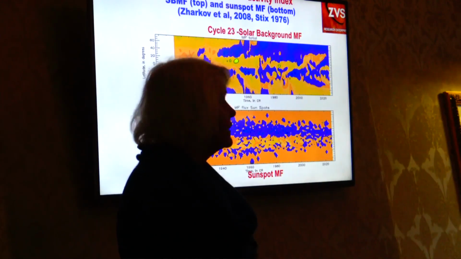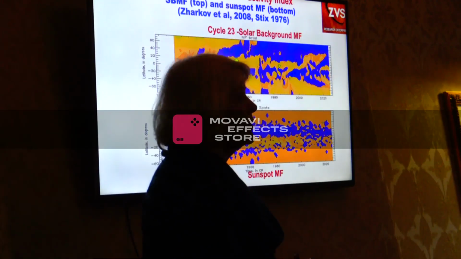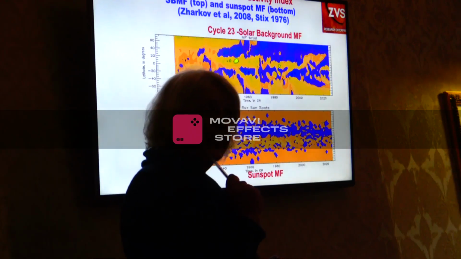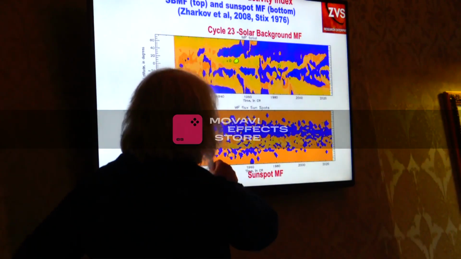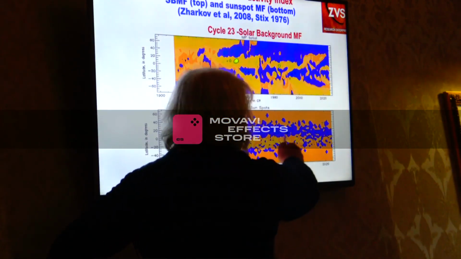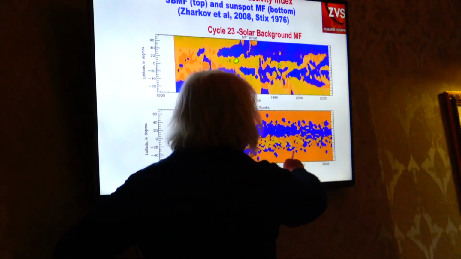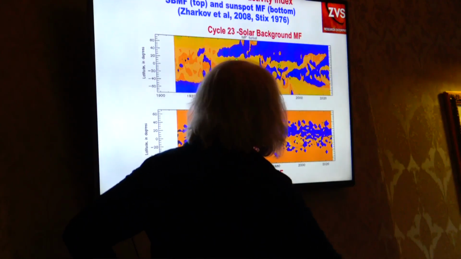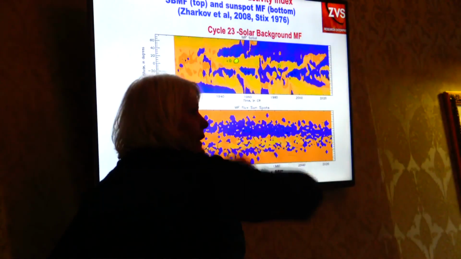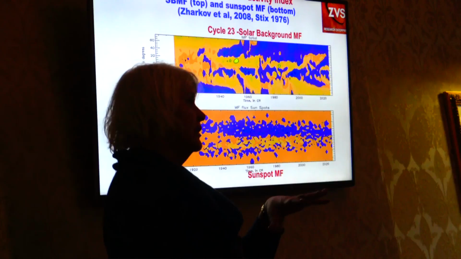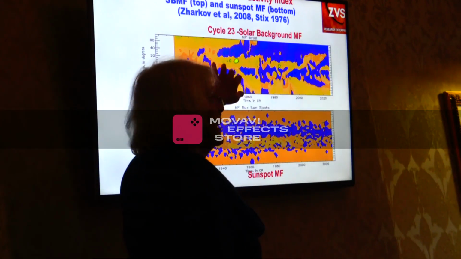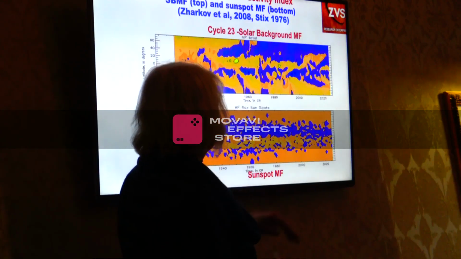So we were stuck until we did a paper in 2008. We discovered that, here are our sunspots, with leading polarity northern in that cycle, trailing polarity southern. And this is the background magnetic field with low resolution, so we don't see sunspots in this. It's from the Wilcox Solar Observatory.